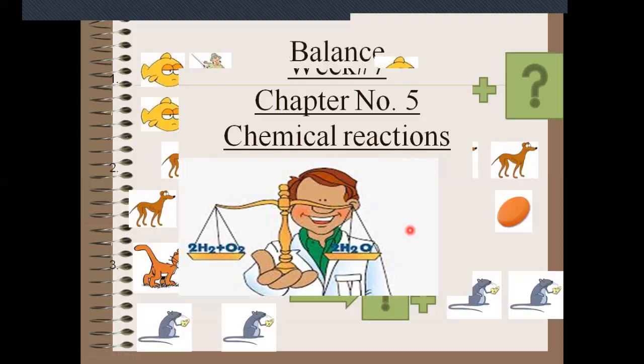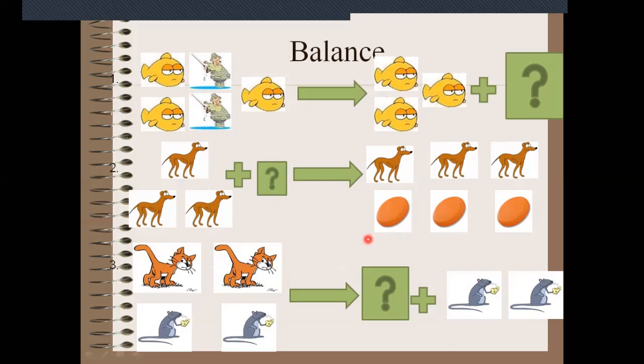So, before starting our topic, you can see this expression on the left hand side and right hand side. How do we balance these expressions? On the left hand side, you can see there are two fishermen, but on the right hand side, there are only three fish. So to balance this expression, there should be two fishermen on the right side.